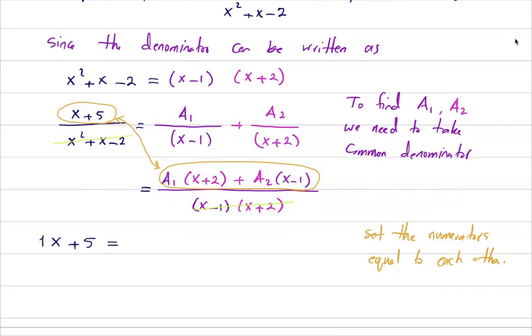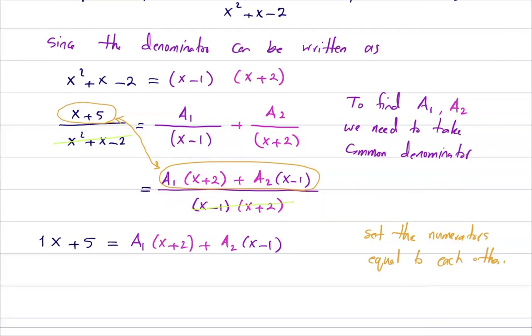On the right-hand side, I have a1 times x plus 2 plus a sub 2 times x minus 1. In setting these two equal to each other, you can use a shortcut, or you can use a general approach. Both of them are absolutely fine.